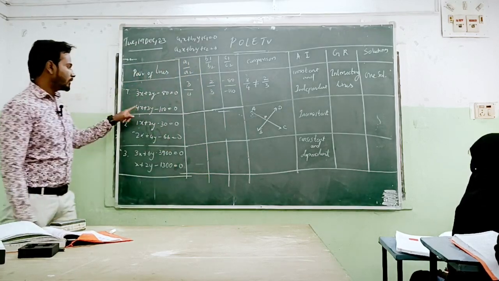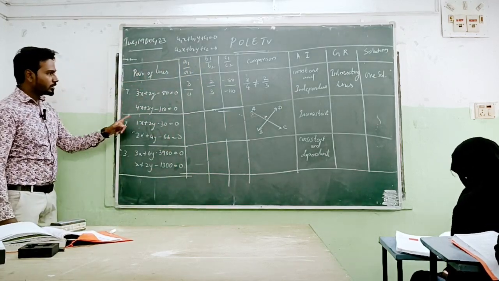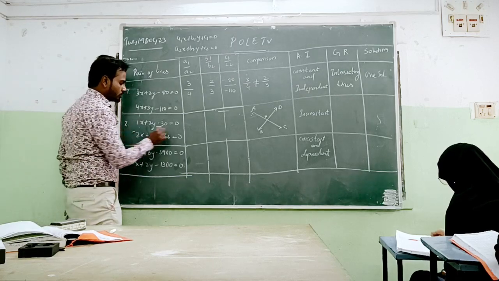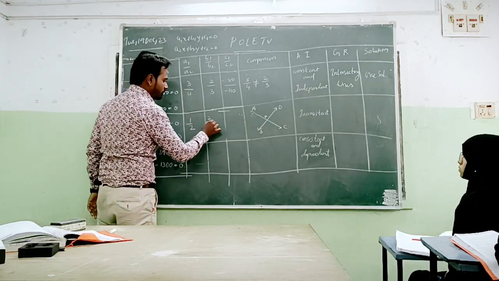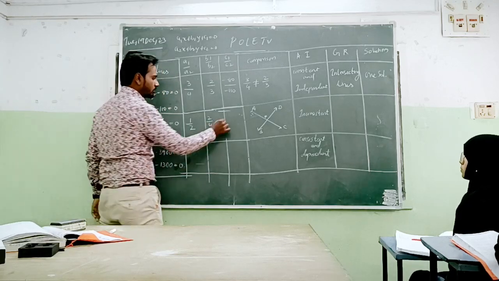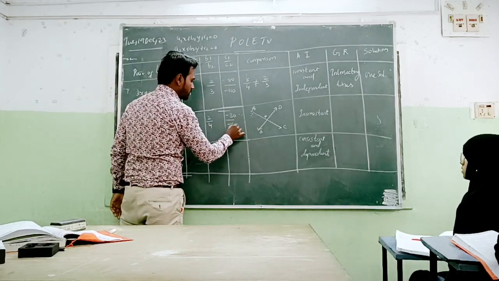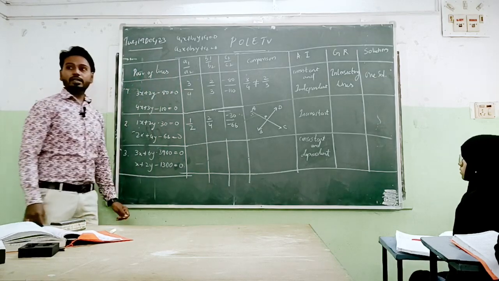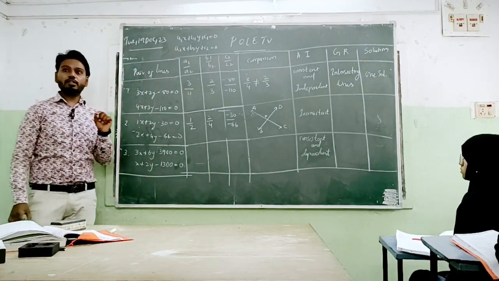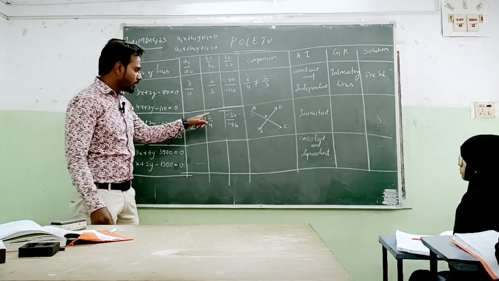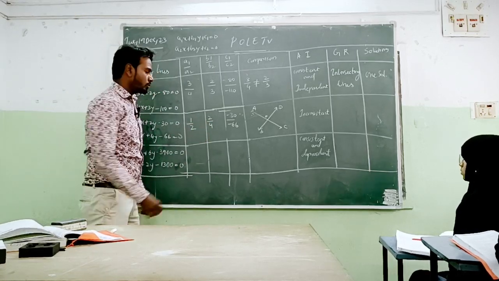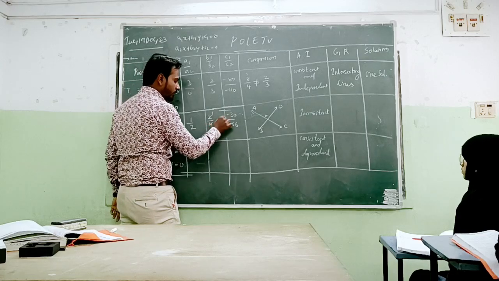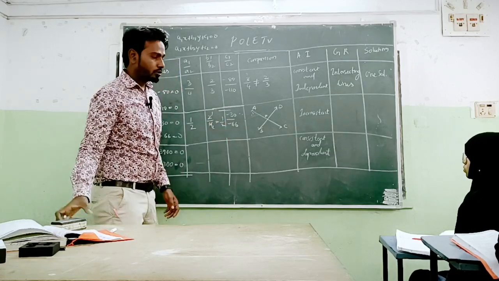Now we'll go to the second part. What is A1 by A2? 1 by 2. This is 2 by 4. C1 by C2. Here we have to check whether we can reduce to the simplest form. You can do this in simplest form. 2 and 4: 2 ones are 2, 2 twos are 4. Again you are getting 1 by 2.